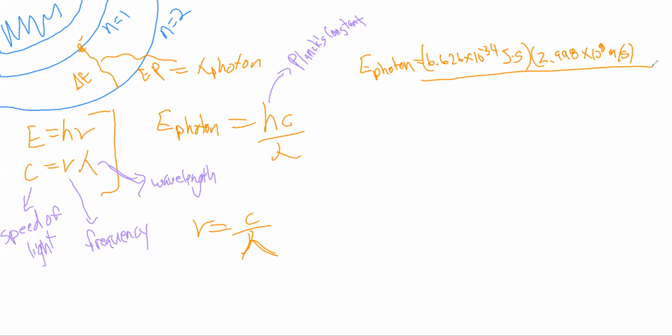And then we have 558 nanometers for our wavelength. So is there anything that we need to change about this before we plug it into our calculator? Convert it into meters. We need to convert the wavelength into meters. So is a nanometer bigger or smaller than a meter? Smaller. So our number down here should be getting smaller when we convert it into meters. So it should be times 10 to the minus 9 meters.